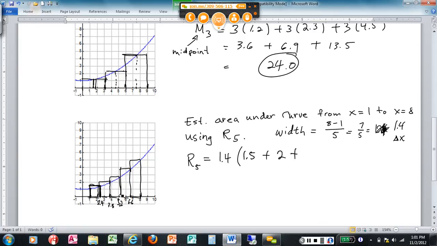And then the third one is right there, so it's 2.8. The fourth one should be right about there, so let's call that 3.8. And then the fifth one, that's right at 5. So we could just say 1.4 times the sum. So I don't have to multiply as many, just add all those up, and then multiply all at once.